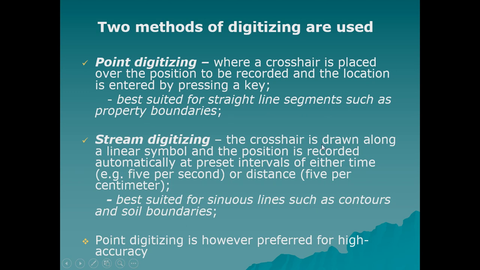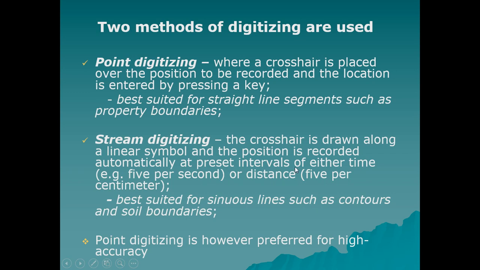Stream digitizing uses a similar method, except it's not straight lines. You're using sinuous or curved lines, such as contours or soil boundaries. This is recorded at very short preset intervals.